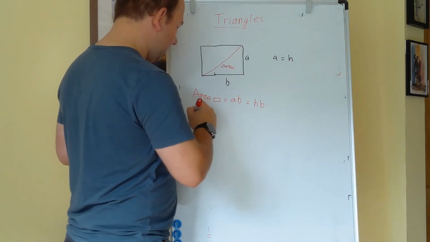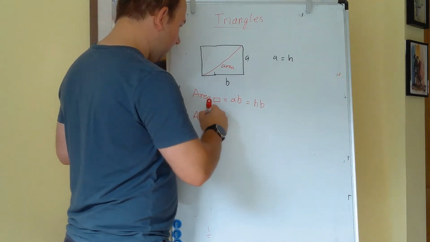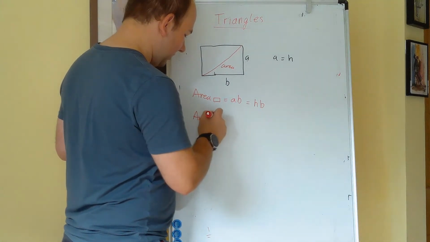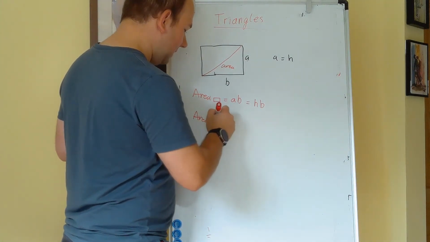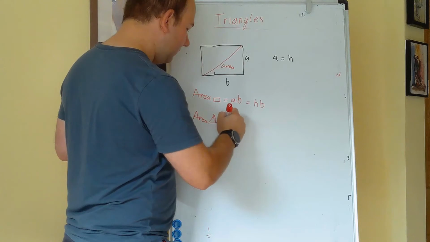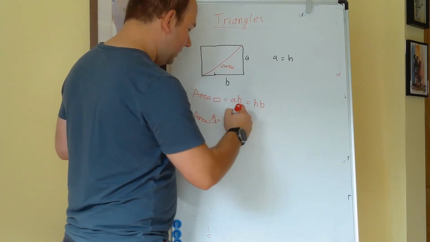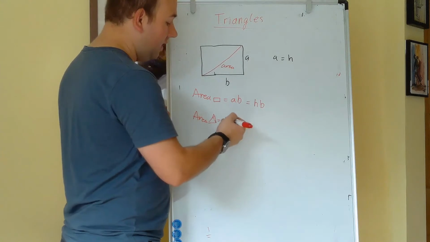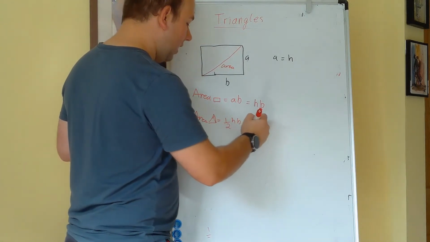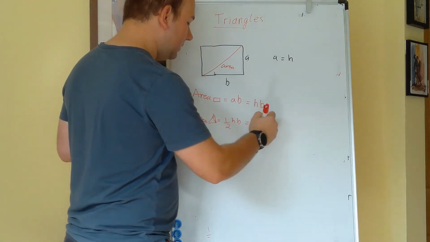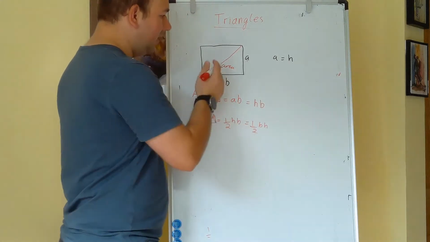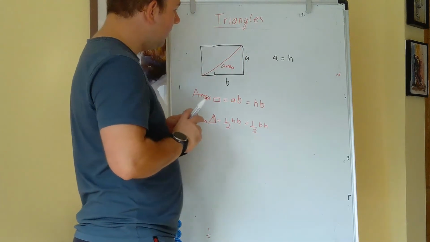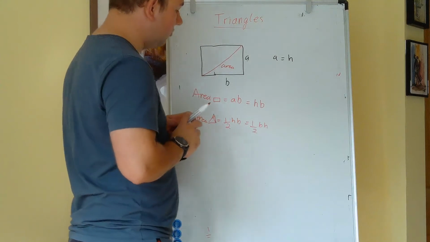In this case, the area of this triangle, trying to make that look like a right angle triangle, is equal to half HB, and because this is a multiplication, we can swap the order, so this is half the base times the height. So we can do a nice visual representation of this right angled triangle.